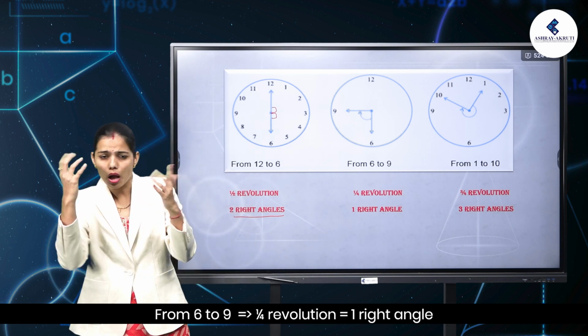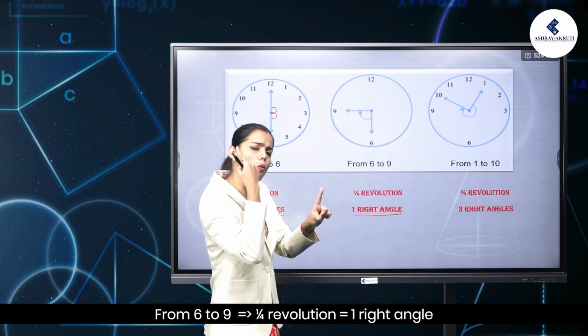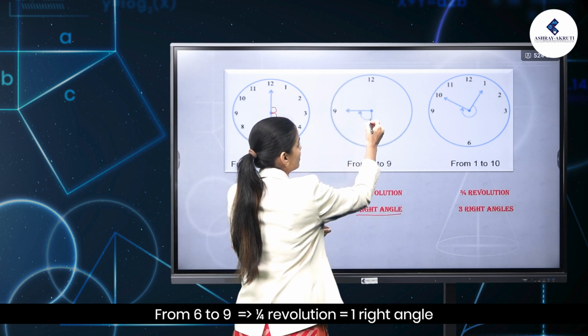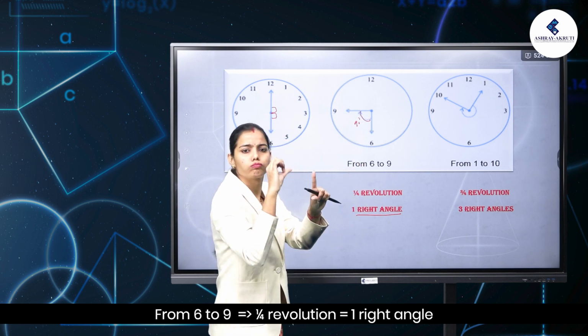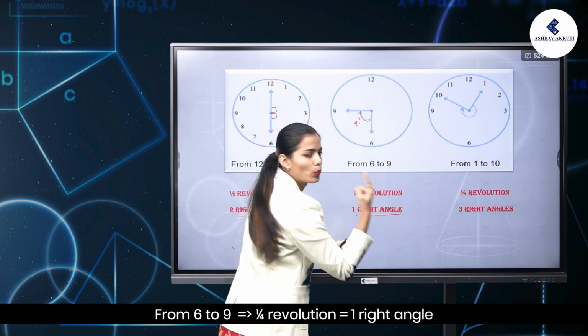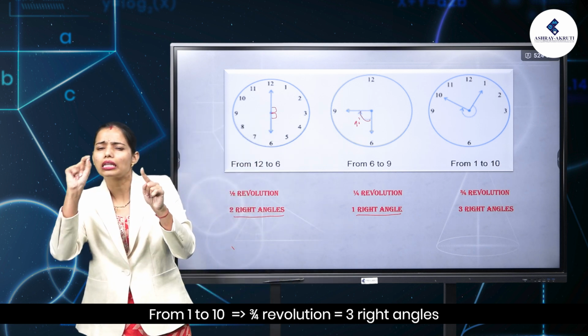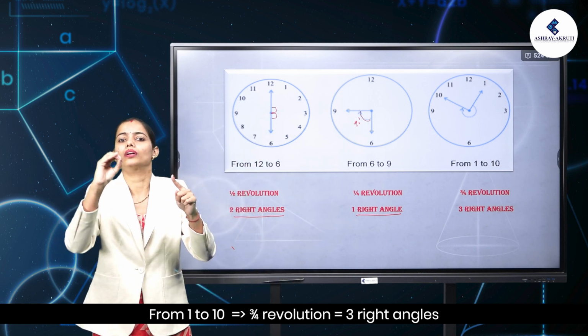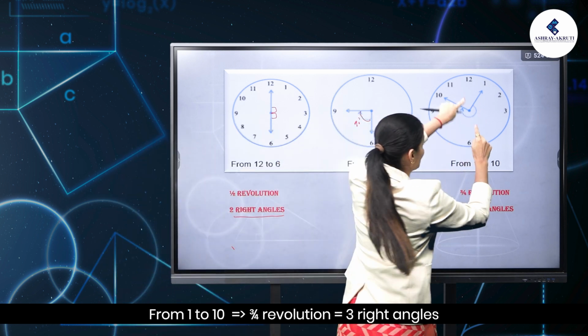From 6 to 9, 1/4 revolution is equal to 1 right angle. From 1 to 10, 3/4 revolution is equal to 3 right angles.